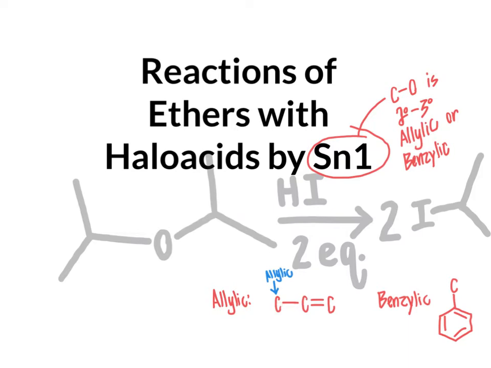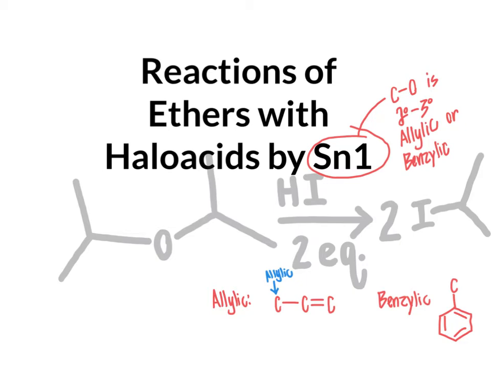So let's go ahead and take a look at the mechanism for this Sn1 type reaction. And we're going to focus, as our example, on what I have highlighted in gray here, where we are reacting diisopropyl ether with 2 equivalents of hydrogen iodide, HI.